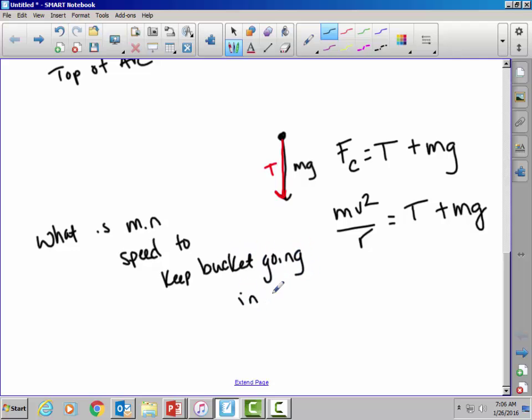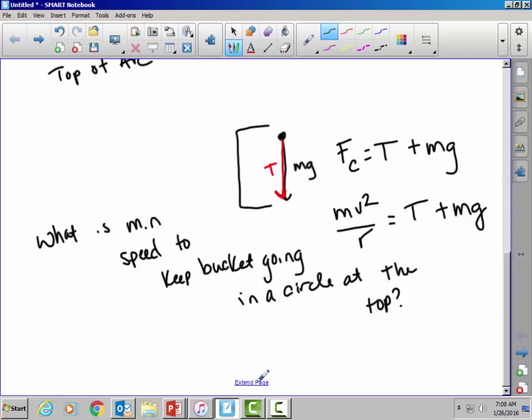Because if you think about it, if the bucket is not going fast enough at the top to maintain that circular motion, then what's going to happen? Well, it's going to fall. First of all, it'll fall straight down, right? It won't be able to keep that circular motion happening if you're not going fast enough. So that's a really common question, and to find it, we're going to look at what's happening at the top of the circular path with the bucket.